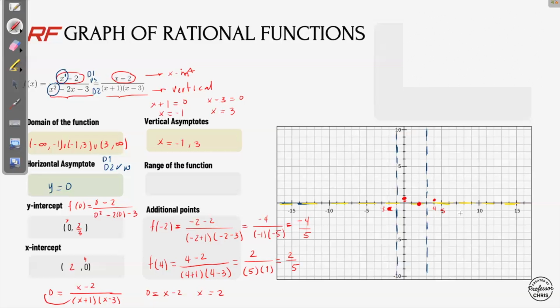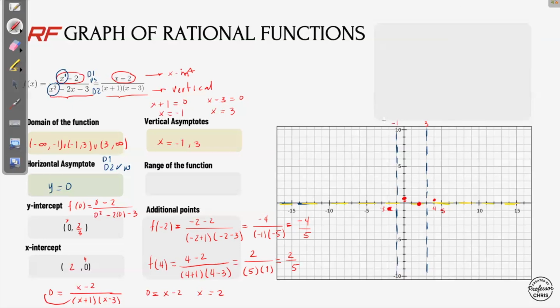Now, those points might not be enough to sketch the graph. So one option is to find the behavior near the asymptotes or use points that are very near the asymptotes. The asymptotes, the vertical at least, are at -1 and at 3. So what would be a very near value to -1?